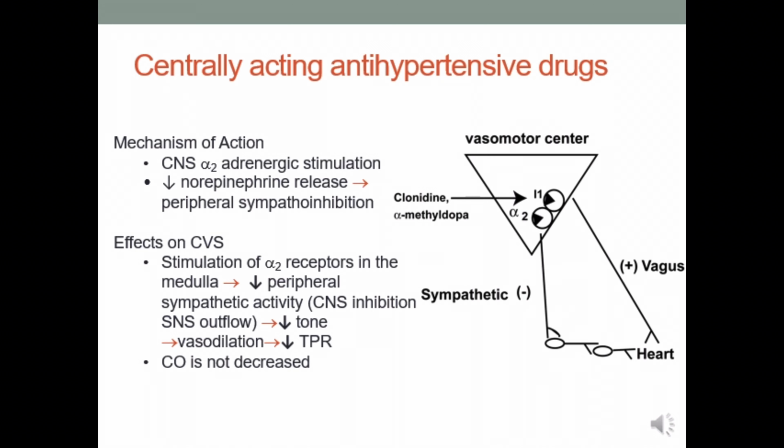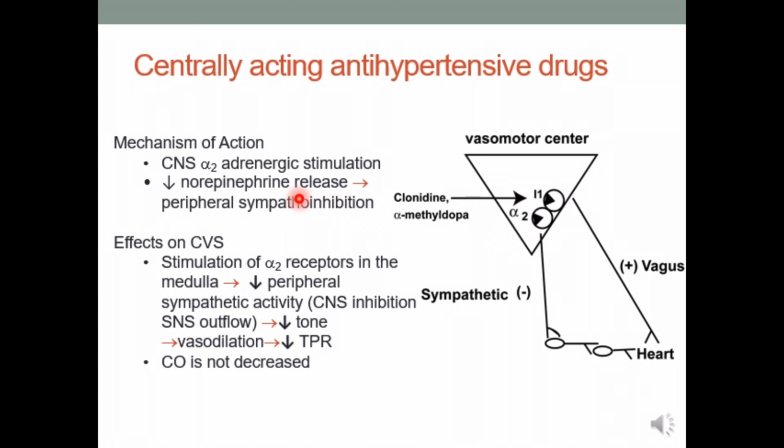Mechanism of action of centrally acting drugs. There are two types of receptor in the medulla, in the vasomotor center: the alpha 2 receptor and also I1, which is the imidazoline receptor.